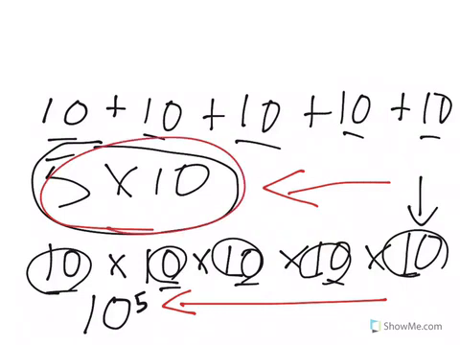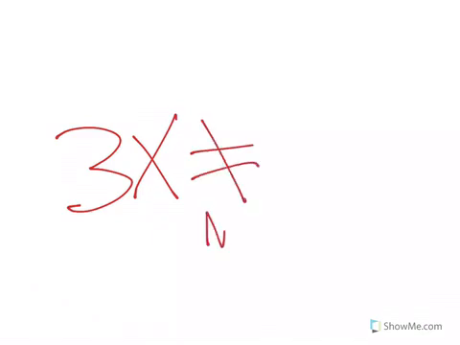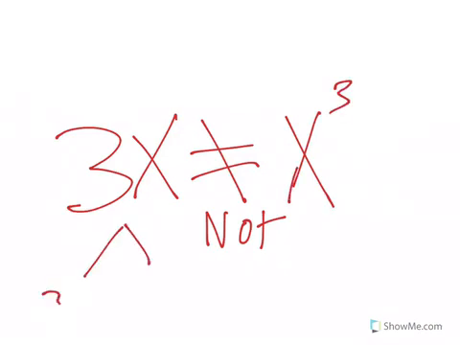So this is repeated addition. This is repeated multiplication. And one of the big keys that we want to see here is that 3x is not equal to x to the power of 3. Because if you have 3x, you're really looking at x plus x plus x, addition.